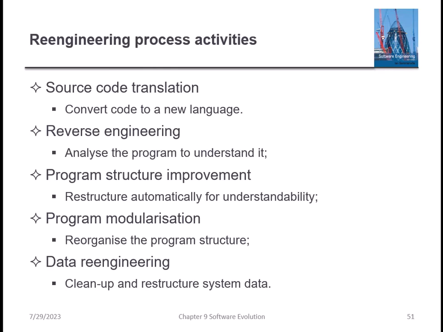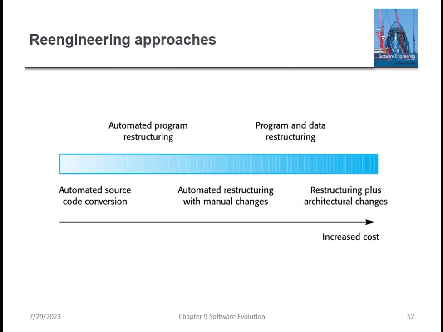Program structure improvement means design improvement. Program modularization means reorganizing and restructuring the components, and this happens mostly when we are adding new functionality. And data re-engineering means cleaning up and restructuring the system data.